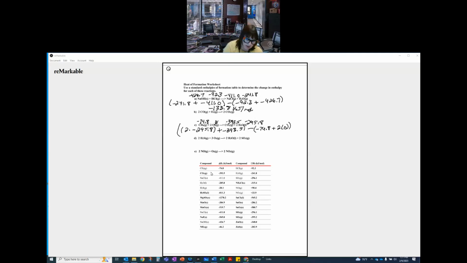So 2 times negative 285.8 plus negative 393.5. I'm going to subtract negative 74.8 plus 2 times 0. And I get negative 910.3 kilojoules per mole.